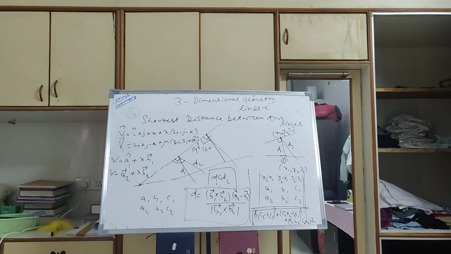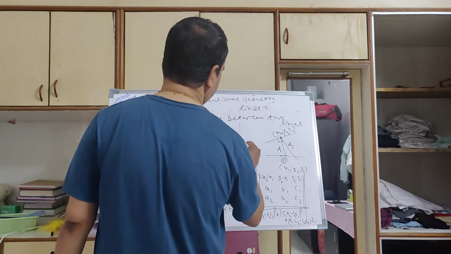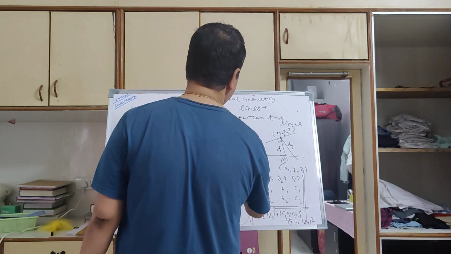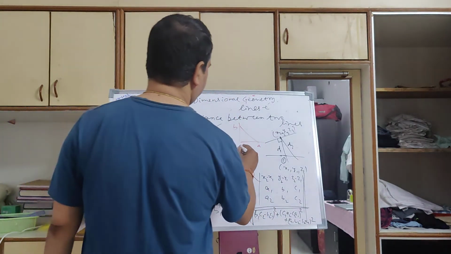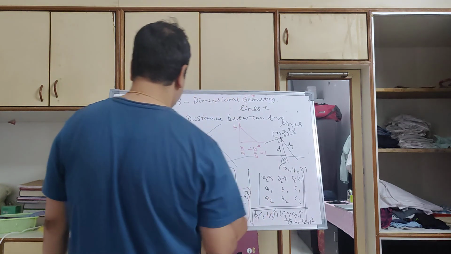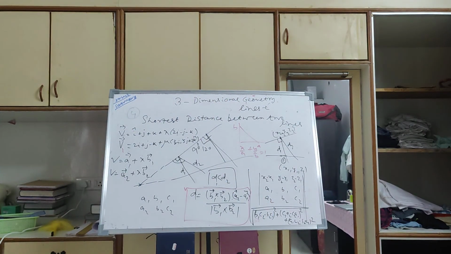Suppose earlier we were in 2D, we were doing intercept form like this. Let us say this is A, this is B. So we used to write x by A plus y by B is equal to 1. So this is equation of a line.